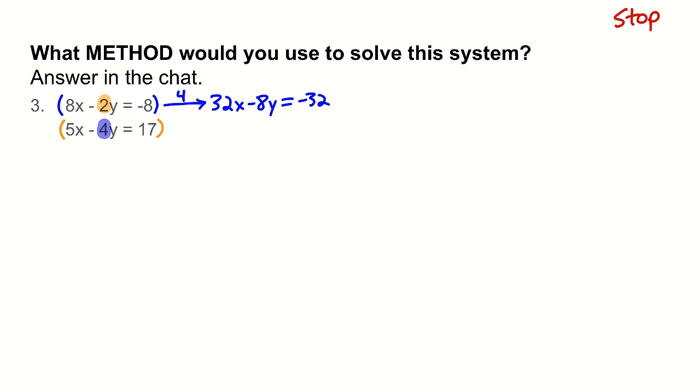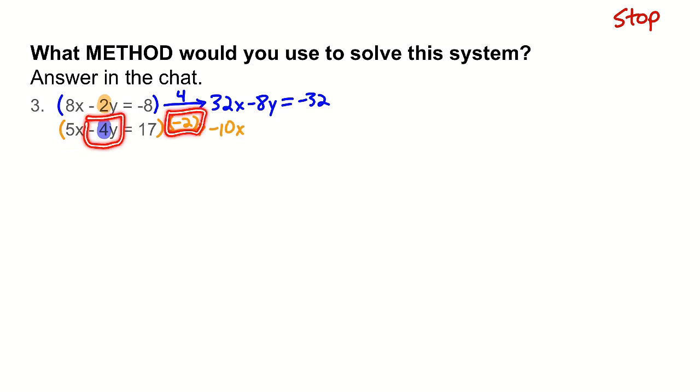If I multiply this whole equation by 2, 2 times -4y is -8y. And notice that I won't be able to add them. So instead, I multiply by -2. Whoops, let me be consistent in how I'm doing this. I'm multiplying by -2. Okay, so now I have 5x times -2 is -10x.